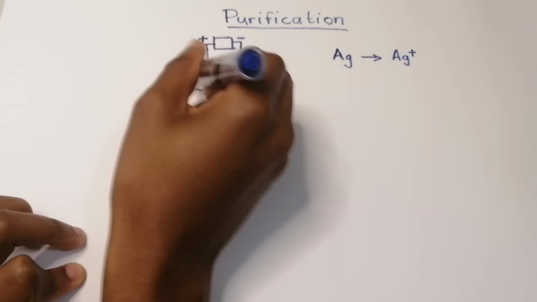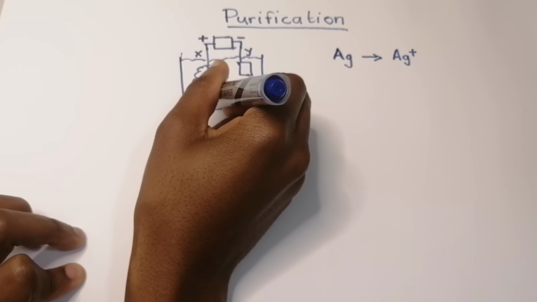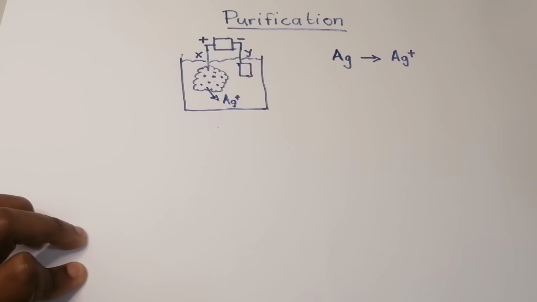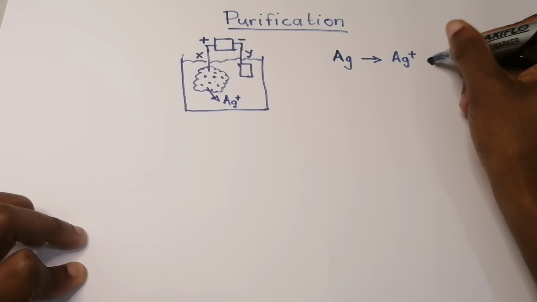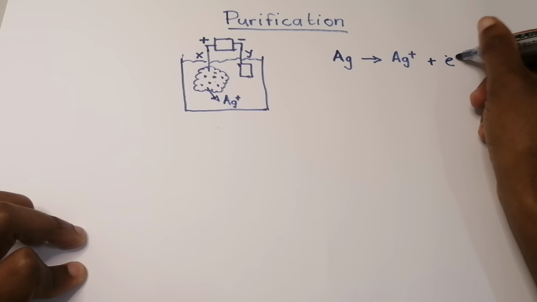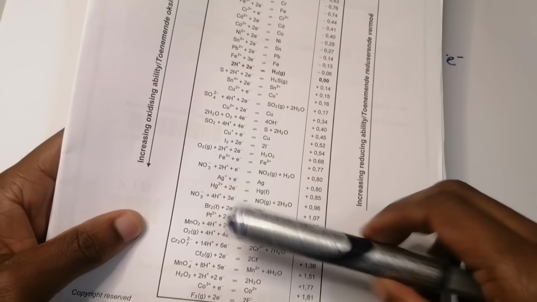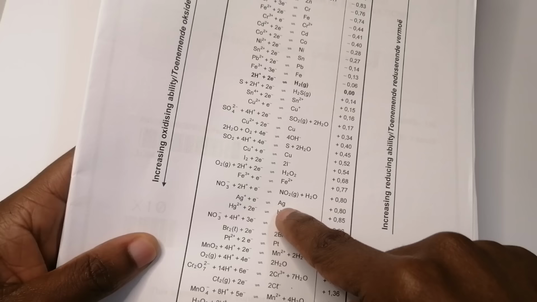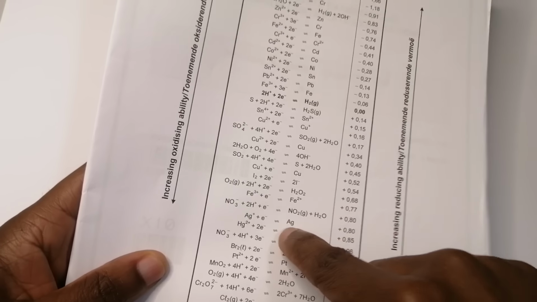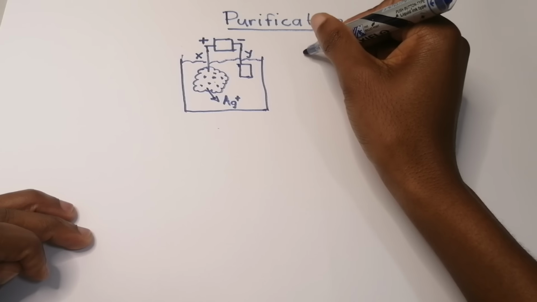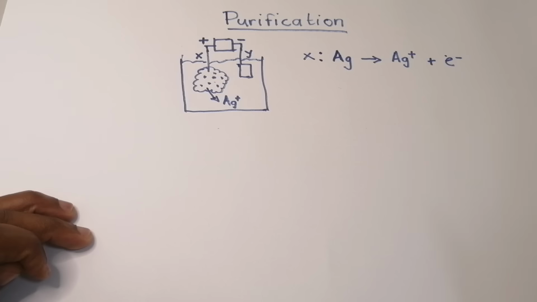All the silver that's there would go into the solution and form Ag+ ions, by giving away an electron. Once again, you can use your standard potential table to see that half reaction take place there. You've got Ag+ plus an electron giving you Ag, but we know that we are now reversing that process, so it's actually the other way around at electrode X. Let me call that electrode X, so that you can see.